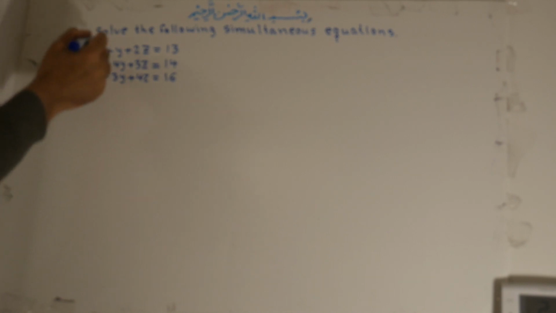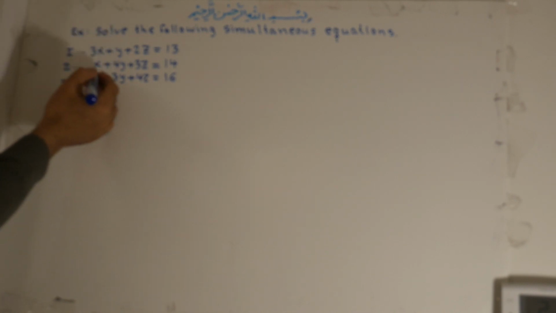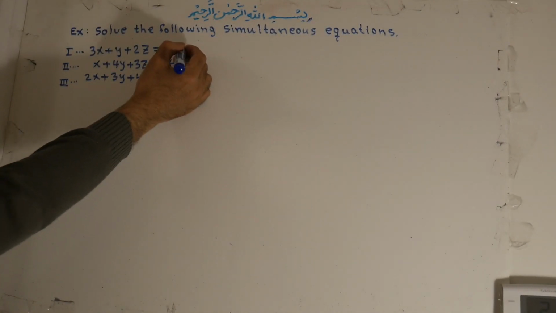Now we can use one of the methods of solving simultaneous equations of two unknowns, but the easiest method is using elimination. For example, we want to eliminate the x here.